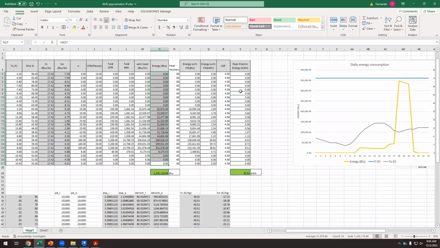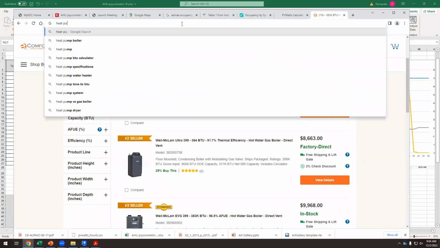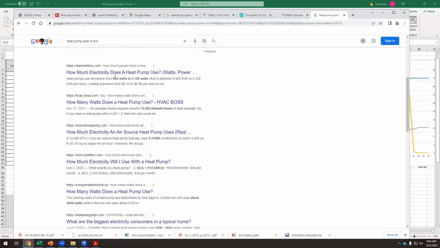If I want to select an electric heat pump, that electric heat pump should be more than 8 kilowatts. So in kilowatts, okay, so this is 3.6 kilowatts, it's not enough.